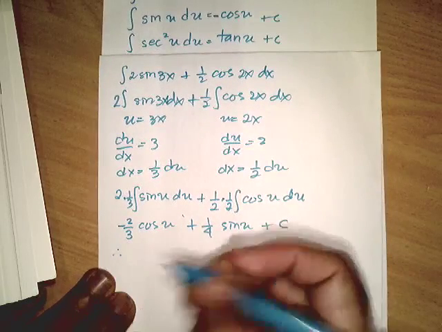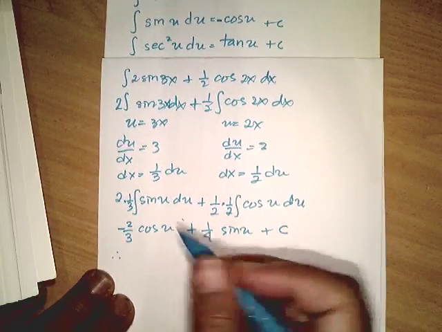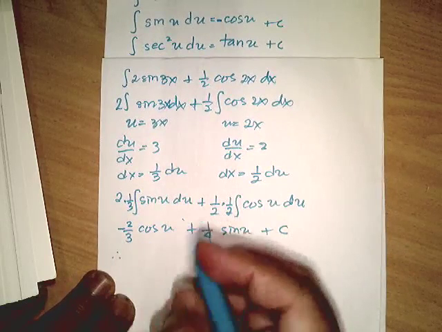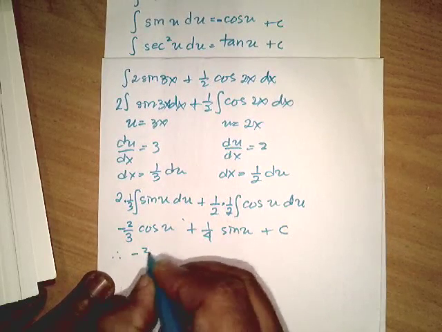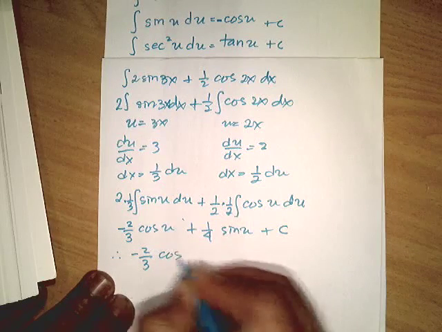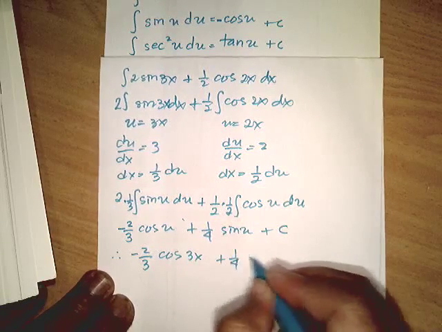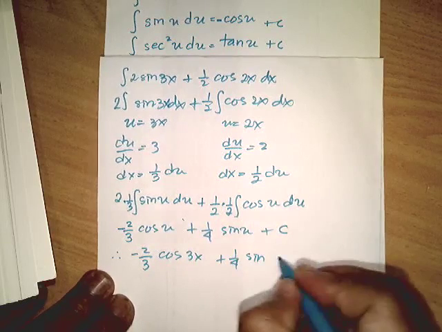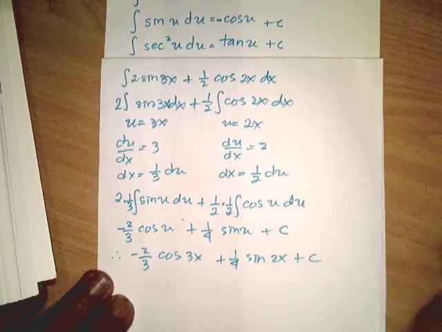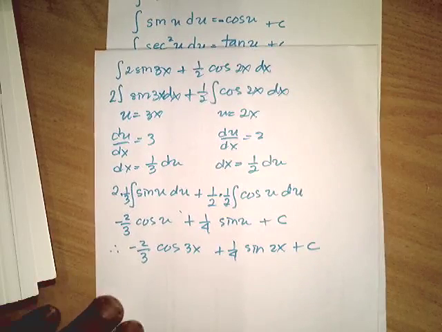You need to write it back in terms of x. Your u is 3x, so the final answer is negative 2/3 cosine 3x plus 1/4 sine 2x plus c. Alright, so there you go.